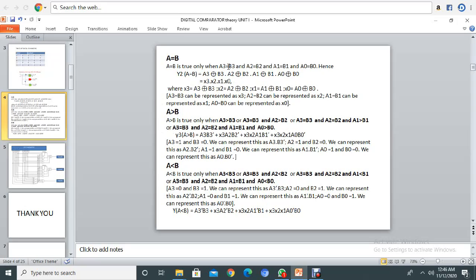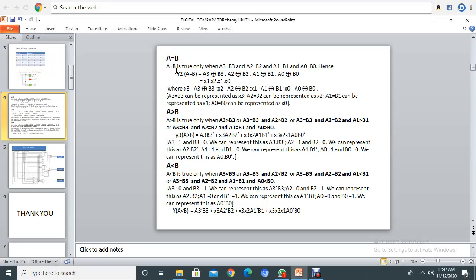When A3 is equal to B3 and A2 is equal to B2 and A1 is equal to B1 and A0 is equal to B0, then A is equal to B. If all the bits are same, that means A3 is equal to B3, first MSB bit of A and B both are equal, and second bit of A and B are equal, that is A2 is equal to B2, and the next bit A1 is equal to B1, and then LSB bit of A and B both are equal, then A is equal to B.